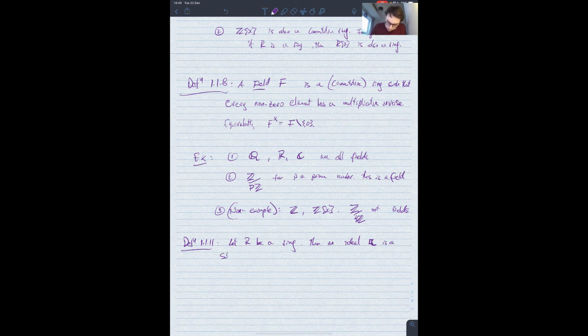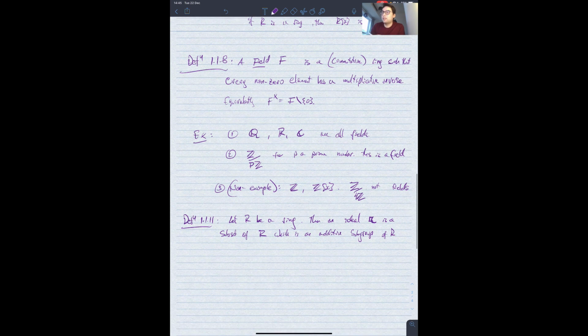This is a subset of R which is an additive subgroup of R. So it's closed under addition, it has the element 0, and such that for any r in R and a inside of my ideal, we have a times r is also an element of my ideal.